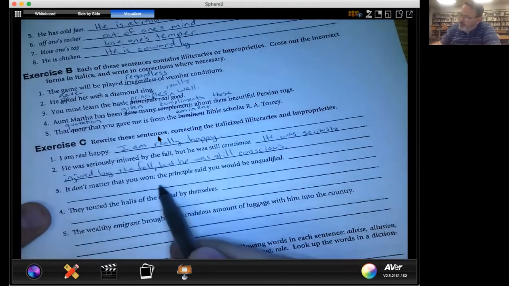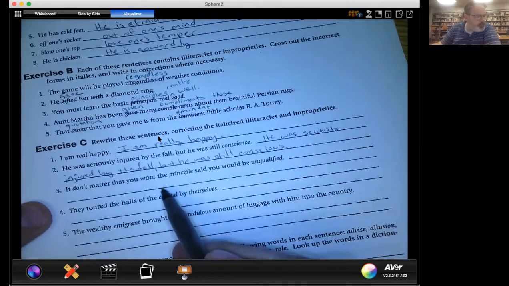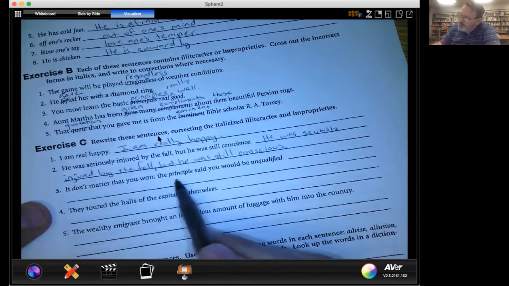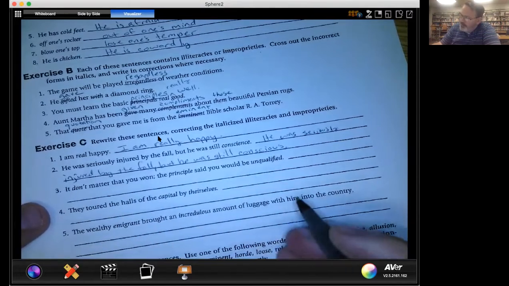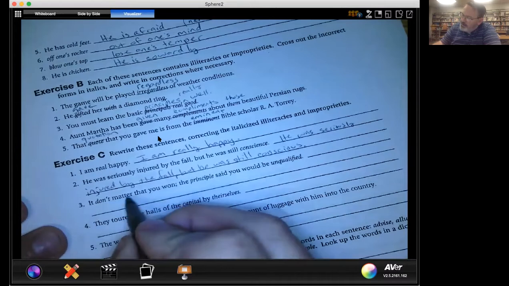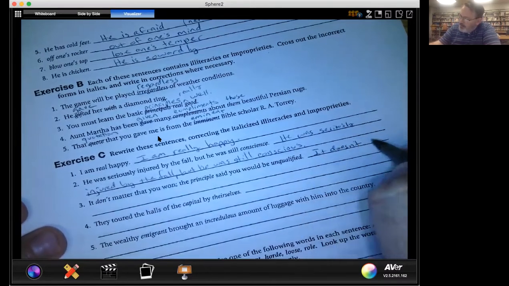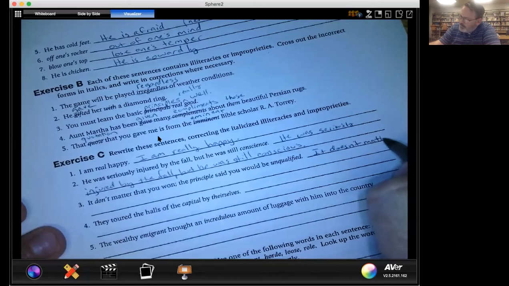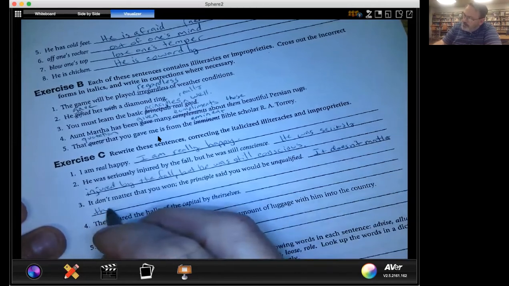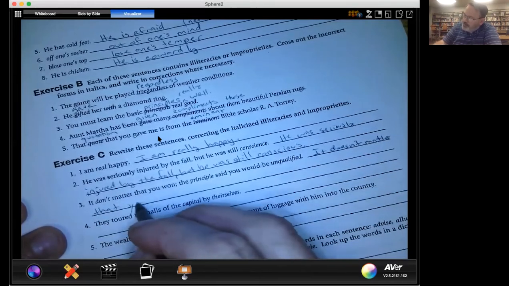It don't matter that you won. The principal said you would be unqualified. All right, well, it doesn't matter that you won.